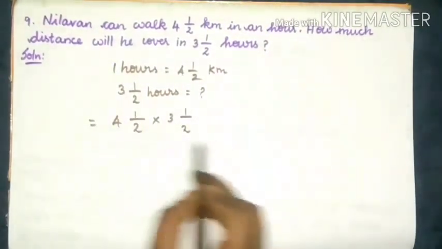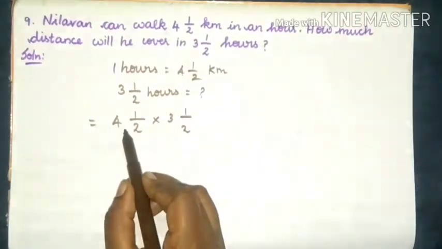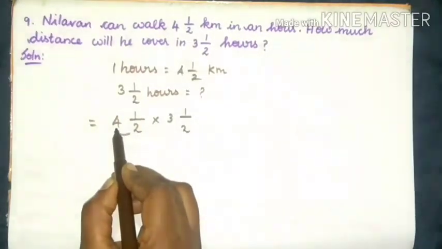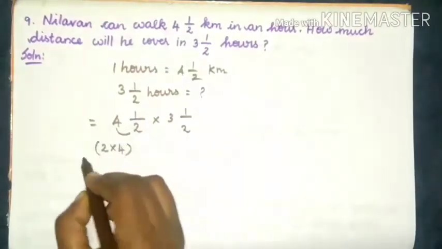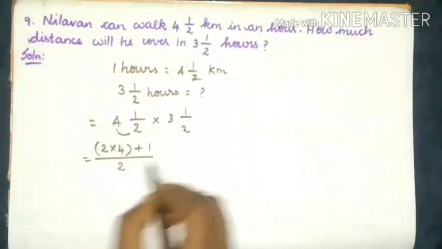Here the given question is in the form of mixed fraction. You have to change this into improper fraction. For that you have to multiply denominator into whole number, 2 into 4, then plus numerator, that is 1, divided by 2.